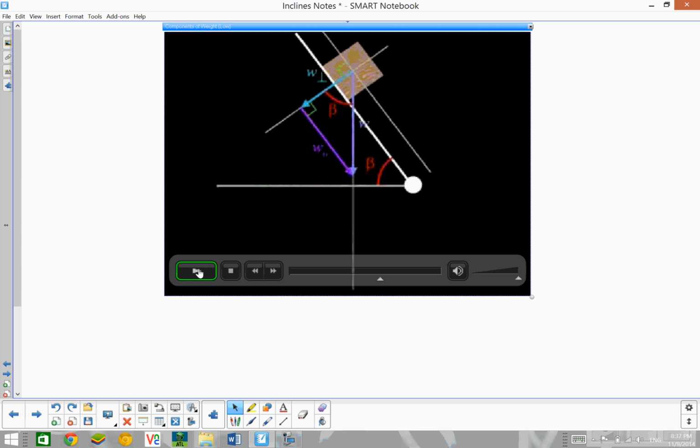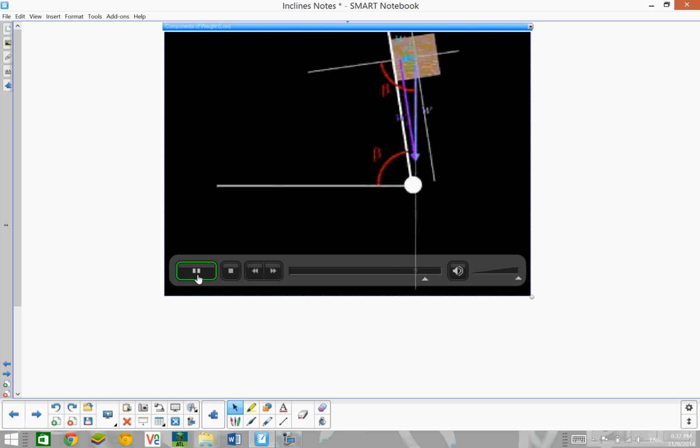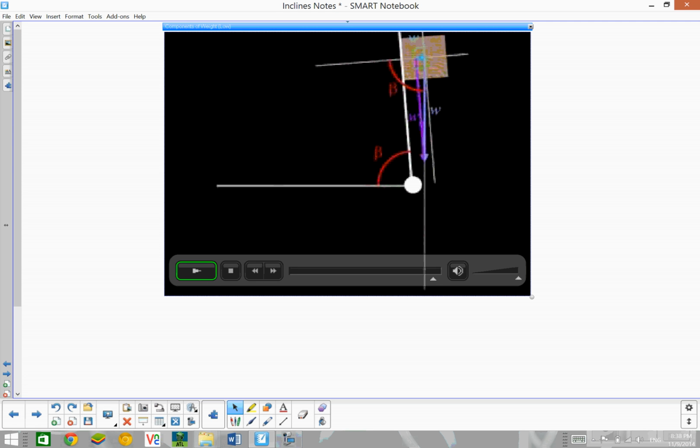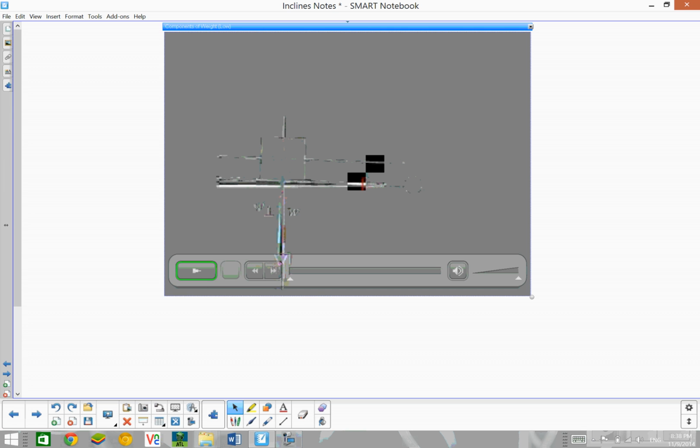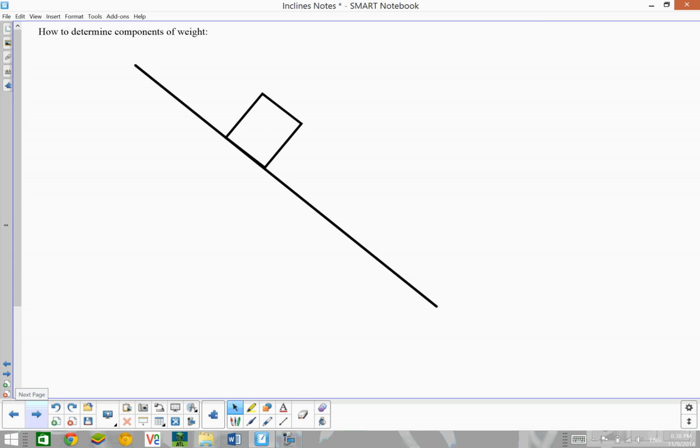Eventually, we could make it completely perpendicular, and now your parallel component of the weight ends up equaling the weight. The object will be in complete free fall. So how do we go about identifying how much an object's weight is parallel to the incline or perpendicular to the incline, and what does this mean in terms of our dynamics?